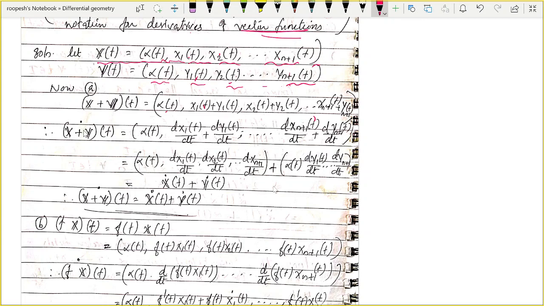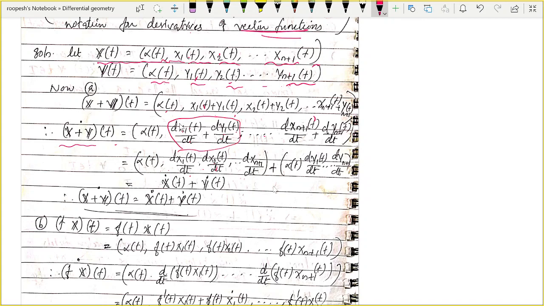Now we want to find the derivative. The derivative of this means the derivative of each term. So the sum is coming, right? Because d by dt of X1(t) plus Y1(t) will come. So that should be alpha(t), comma, dX1/dt, comma, dX2/dt. See, this summation we can split now.